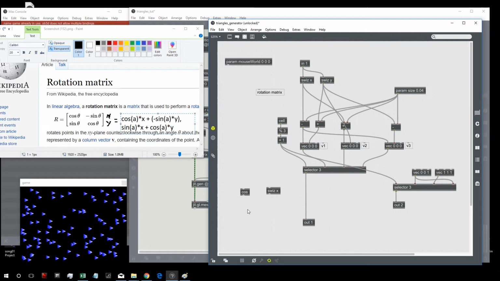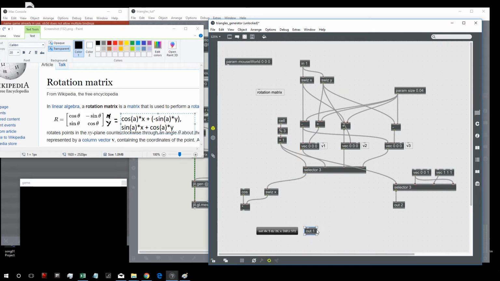So we will need to do something like that. Inside here will come our angle, and inside here will come our x from here. Then we need to sum that to minus sine of the angle multiplied by y.